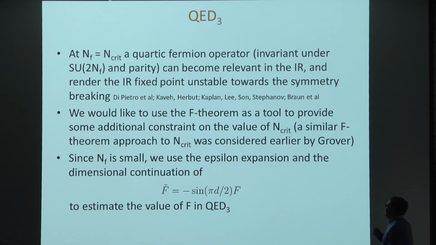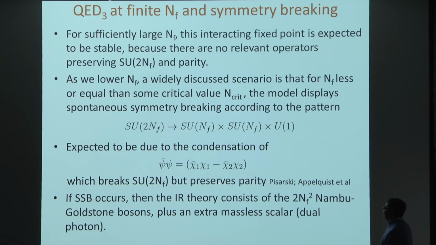One very basic picture that has emerged in the literature is about what's causing this condensation: for large N, there is simply no relevant operator that preserves the symmetries. This operator is certainly relevant, but we cannot add it to the Lagrangian because it breaks the symmetry.